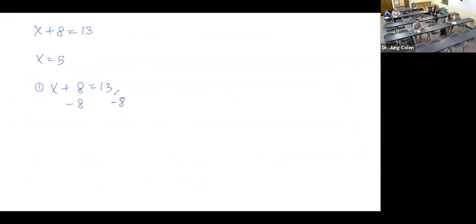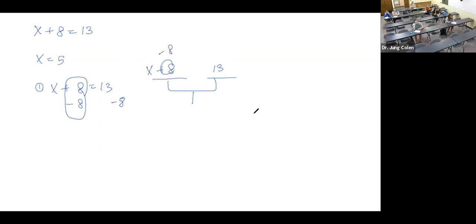To compensate that, right? From the balance beam, think about the balance beam. Equal is always balancing. So left hand side x plus 8 and right hand side 13, they are equal. It's balancing now. If I take away 8 from the left hand side, it's not equal anymore, right?